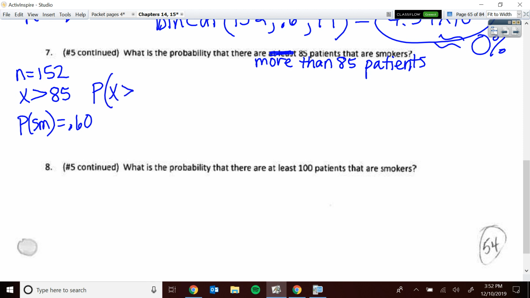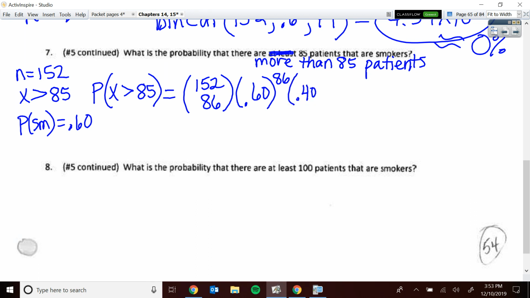I want greater than 85. So the first one in my sequence is 86 successes, because I want more than 85.